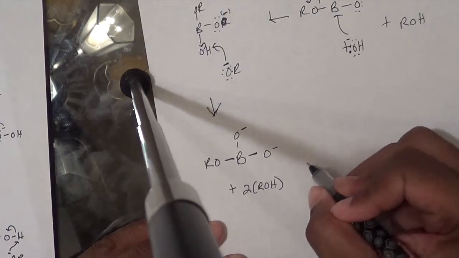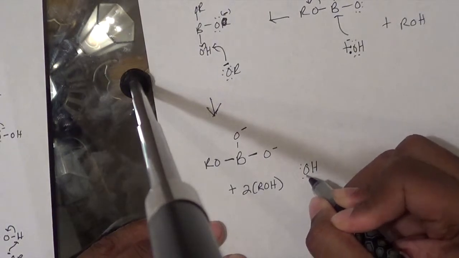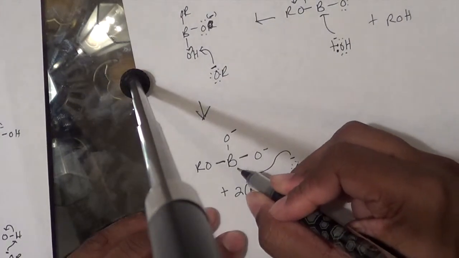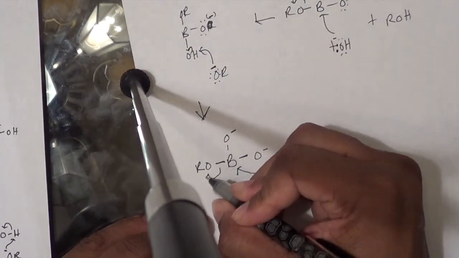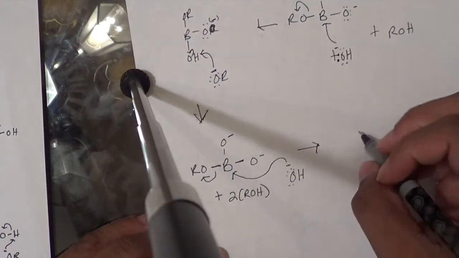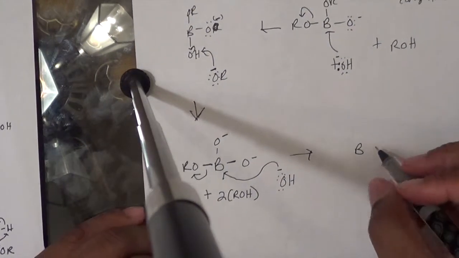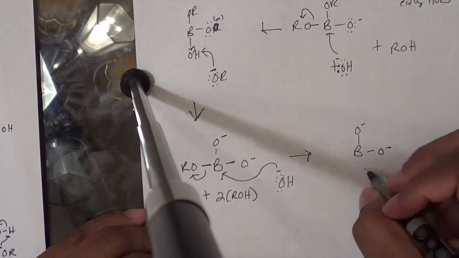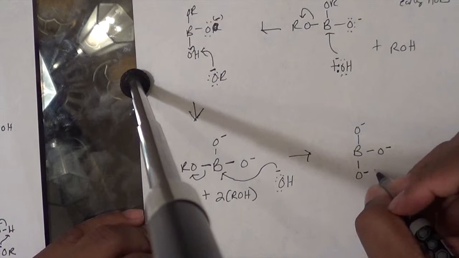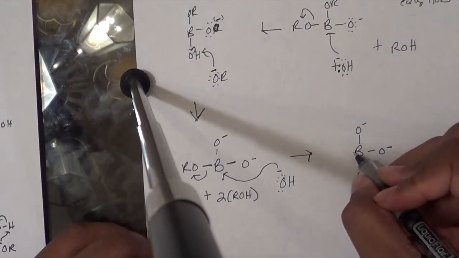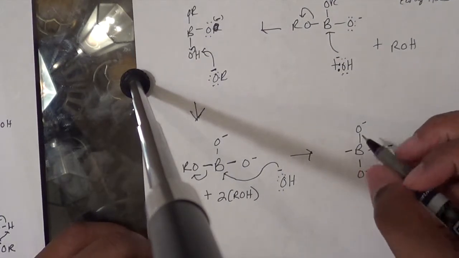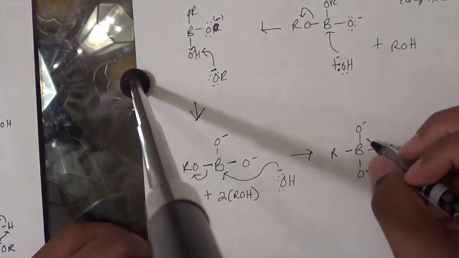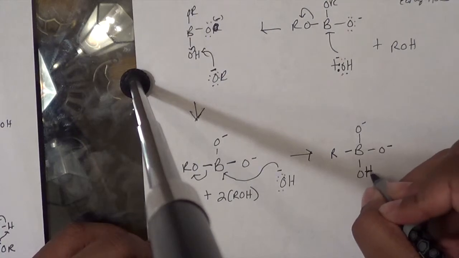Do the same thing again. We got the hydroxide anion. Okay, so we'll attack here, pluck that off. It gives us B, O minus, O minus, O minus, and left with not O minus, OH.